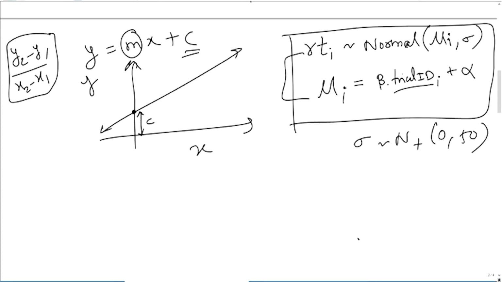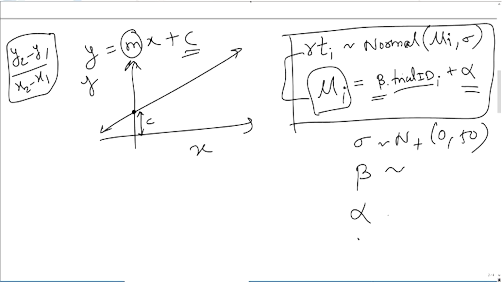Now mu I is not a parameter anymore because it itself is a function of different predictors and parameters. It's not a parameter in itself because it is not going to have some constant value across trials. The parameters are actually beta and alpha. These are new parameters for this particular model.